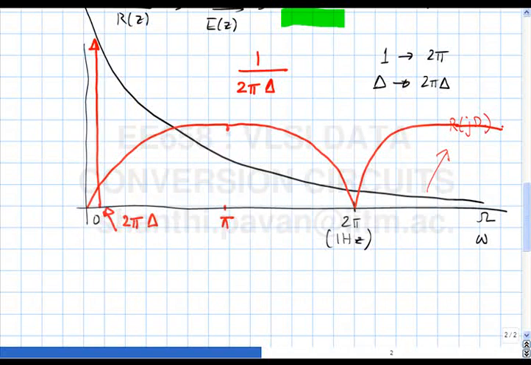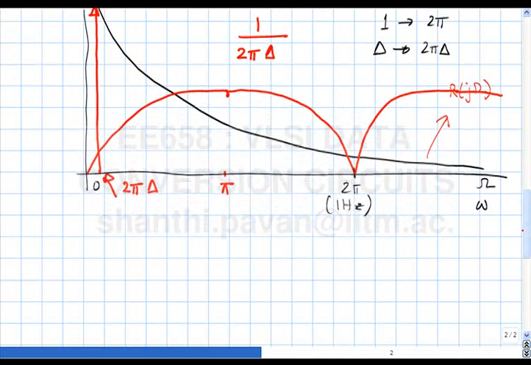So what is the output V? This is nothing but the NTF magnitude, correct? So what should I do? I should multiply this sinusoid by this gain, correct?